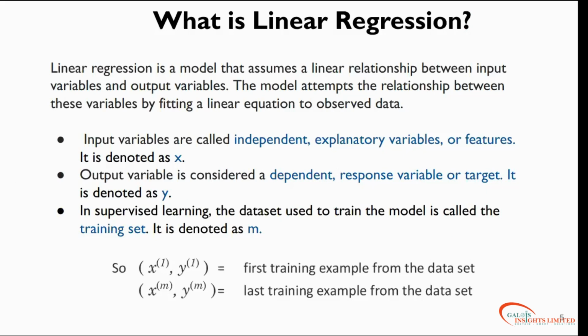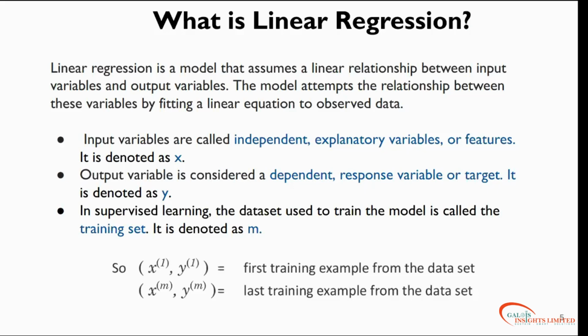Now, what really is linear regression? We've been hearing about linear regression. What is it about? Linear regression is simply a model. You can also think of it as a function. When you finally code it and it is functioning, then you refer to it as an algorithm. It simply assumes a linear relationship between some input variables or input features and an output variable, which we normally refer to as a target.